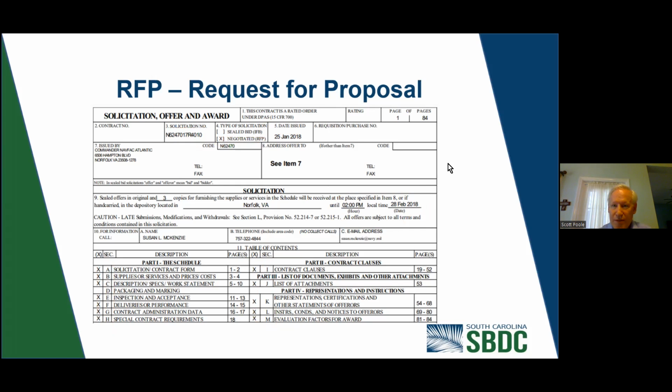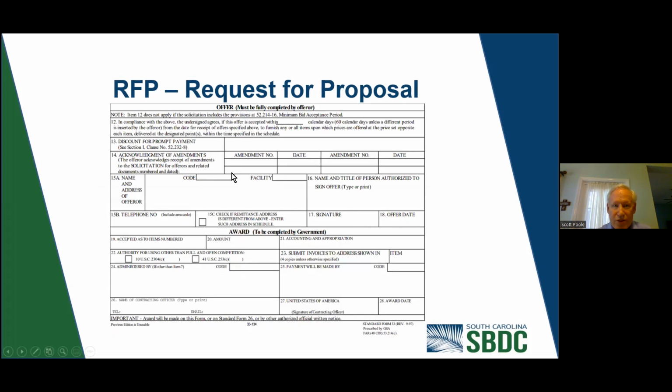Now below this one, there's a section that the offeror must fulfill. If we look at this, there are certain things that it'll ask you, and this has to be in compliance. The offeror agrees to hold the offer for a period, and it'll say 60 calendar days unless a different period is inserted by the offeror.